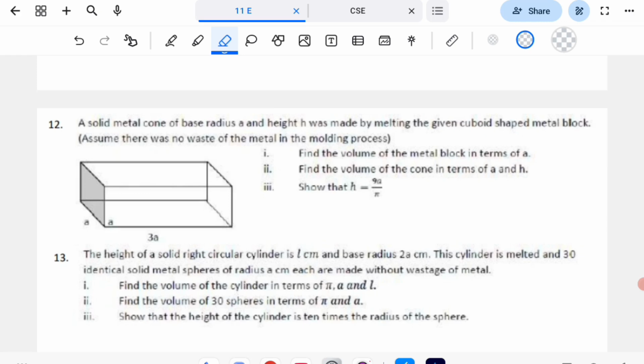Assume that there was no waste of metal. The molding process. Part 1. Find the volume of metal block in terms of A.